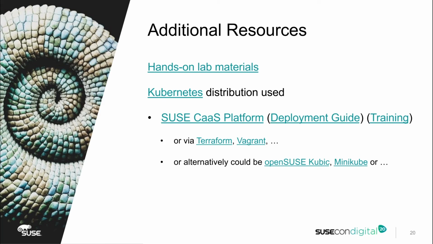There is a deployment guide pointer, a training pointer there, or you can do things, and again, this is a call out to Alex, what he did. We created a set of Terraform scripts to launch an entire Kubernetes cluster on a given system with one command. And those are links to the GitHub.